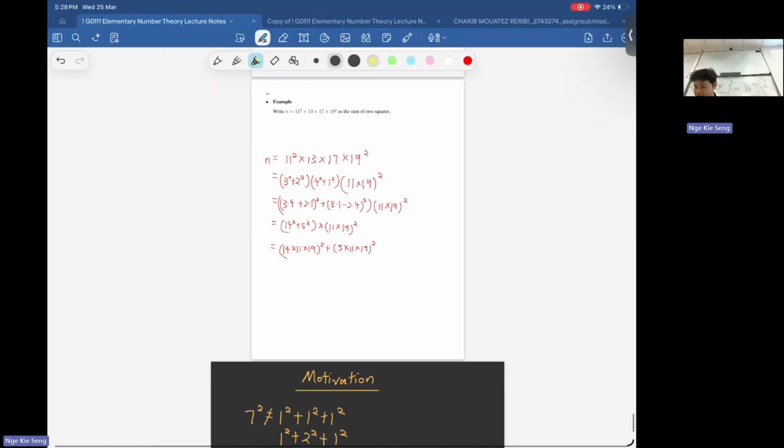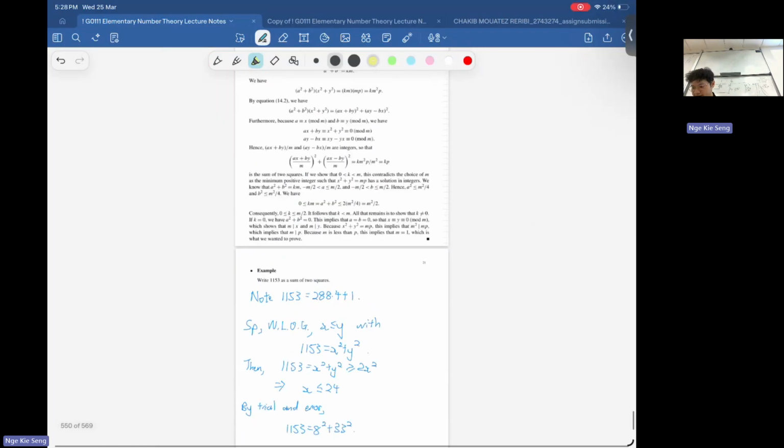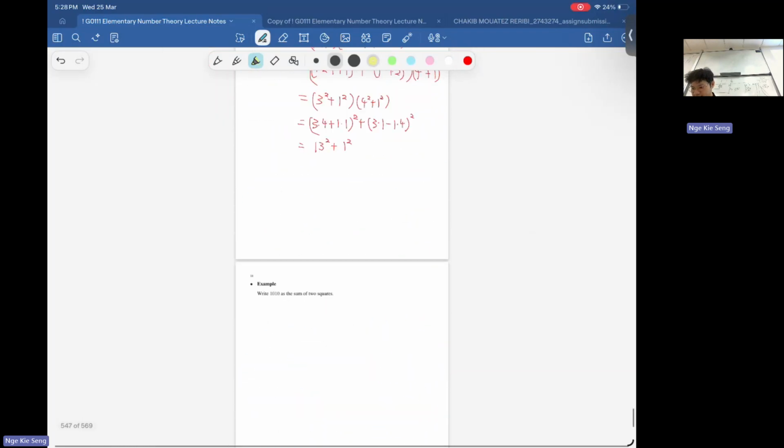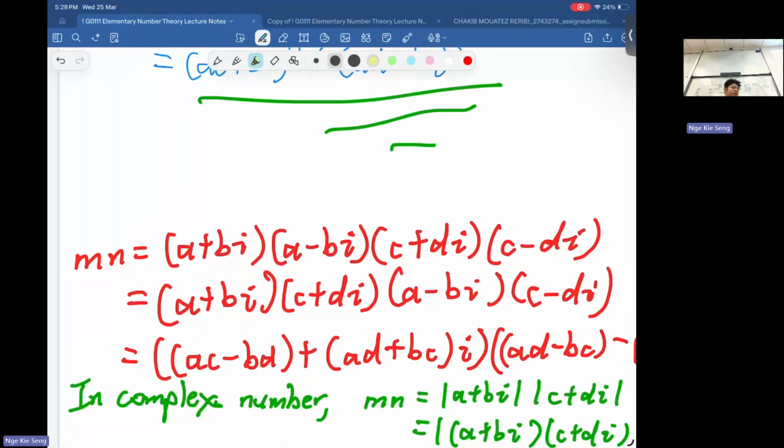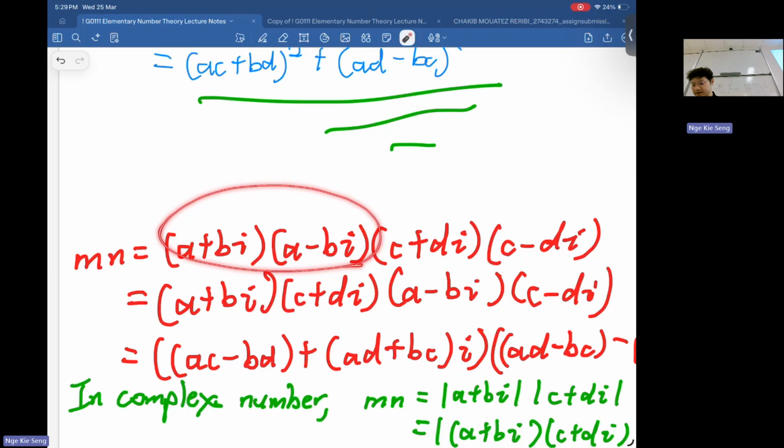Is everyone okay? I will use the word norm here, or the length of the vector. Last time I briefly told you that if you multiply with your conjugate, you get a positive number, so it's a length.